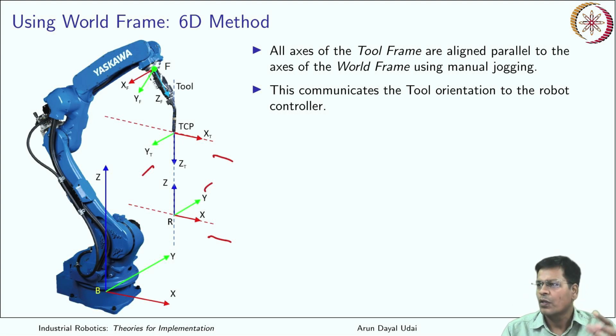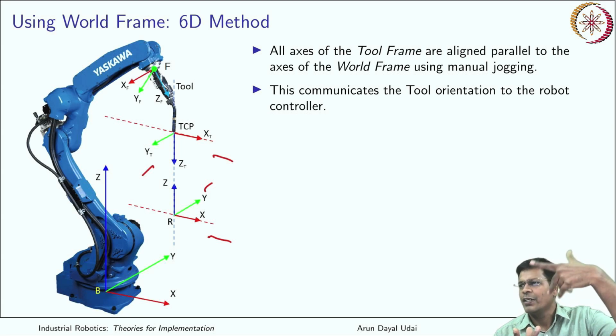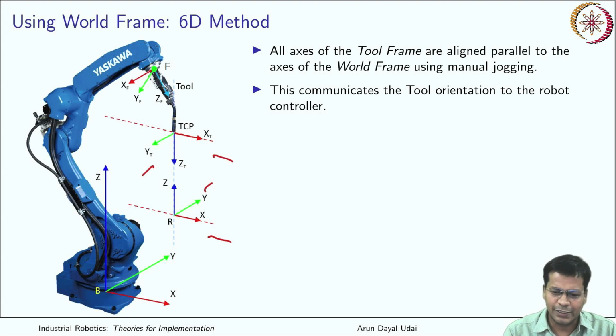Now the whole of the tool frame is constrained. It is locked with the world frame. Once you align, it is fully locked. Got it? That is why it is a 6D method. You have already defined the origin, and now you have defined all the axes of the frame. That means you are fully locked. So it is a 6D method.